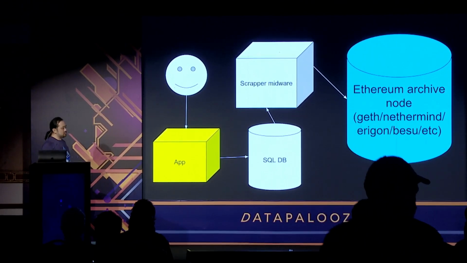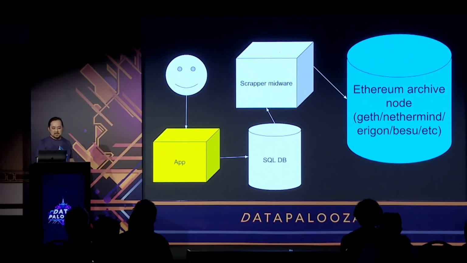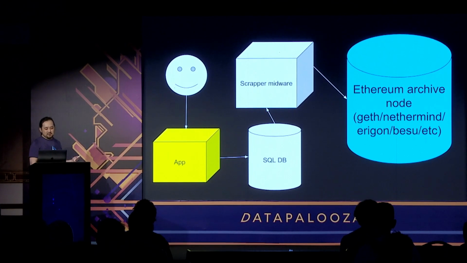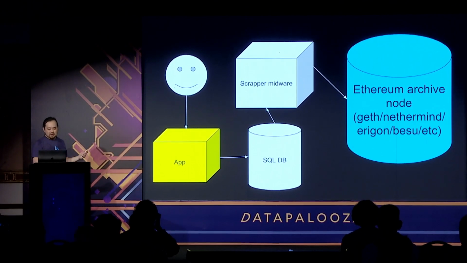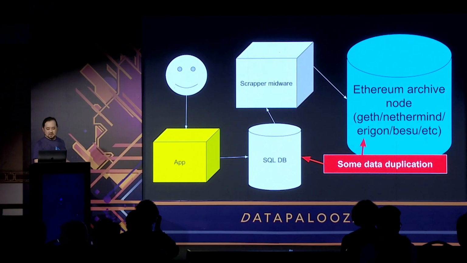You usually have some middleware software that scrapes this data from your node using the standard APIs like the debug and trace APIs, and you take this data and store it in a more consumption-friendly format inside a SQL database. And you have your application reading this data from the SQL database instead of the Ethereum node.